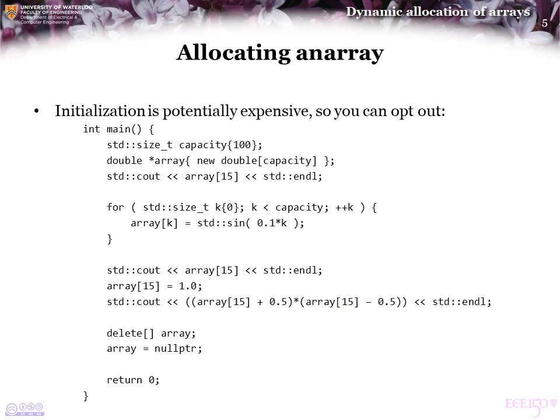Now, initializing all the entries of an array can be potentially very expensive, so you can opt out of this. So, for example, here, array is a local variable which is a pointer to a double. And now we are asking the operating system for an array of the given capacity of doubles.